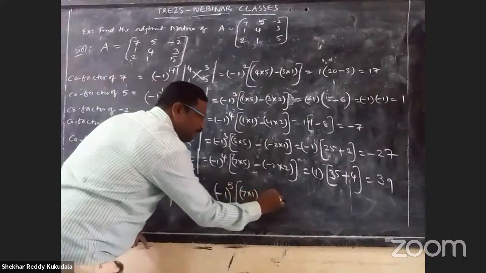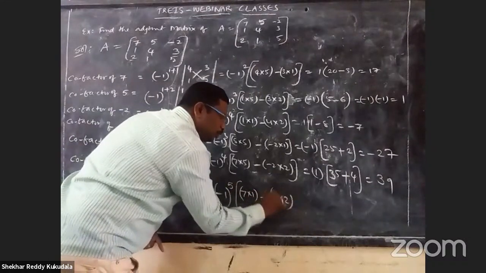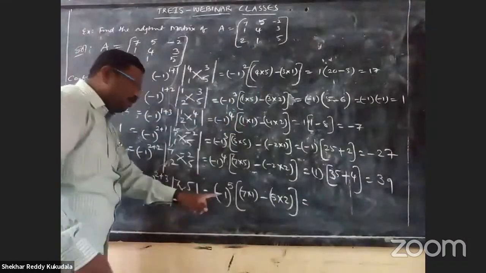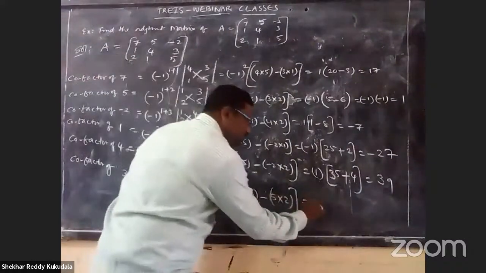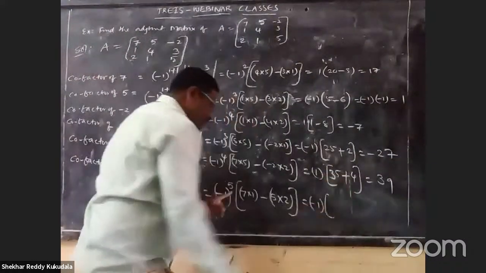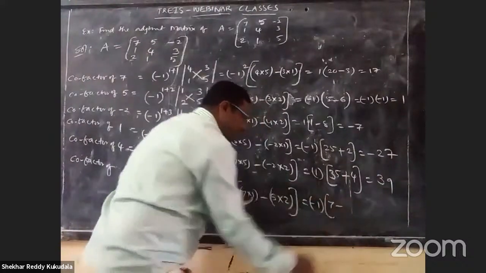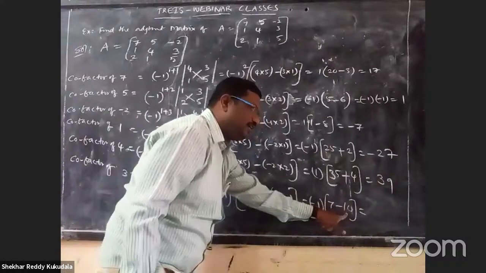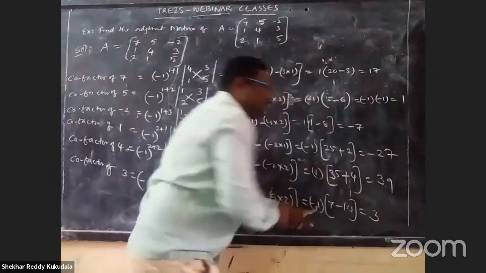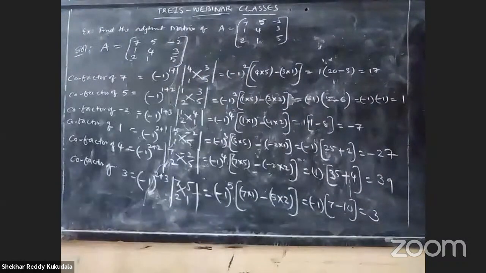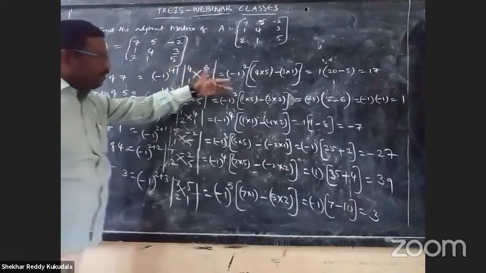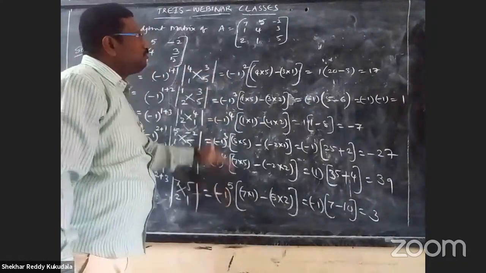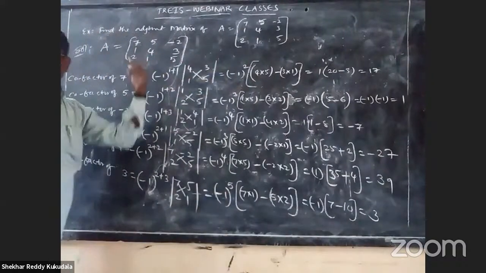Minus 1 power 5 is minus 1. 7 ones is 7, minus 5 twos is 10. So this is minus 3 into minus 1, which is obviously 3. So now we have found the cofactors for only 6 elements, and the rest of the 3 elements we need to find out.